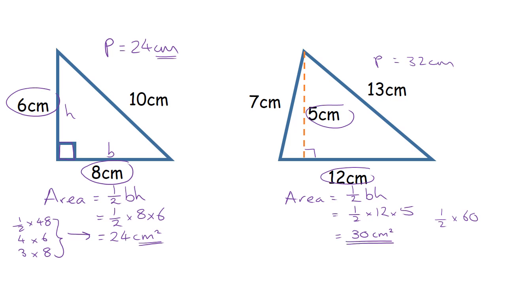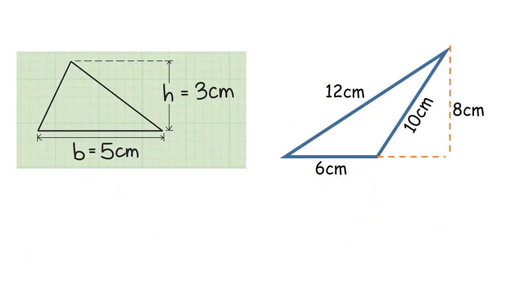Okay. Now, that seems too easy, right? So sometimes they try and confuse you here. They actually put the perpendicular outside. They might give you these. Let's say if that's 5, let's put that as 4. Let's put that as 3.5. So they could do this as well, and you'd be like, well, where's the perpendicular?